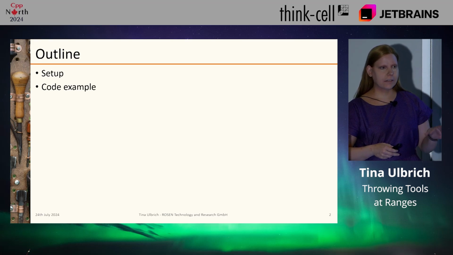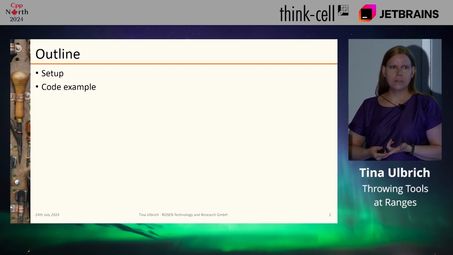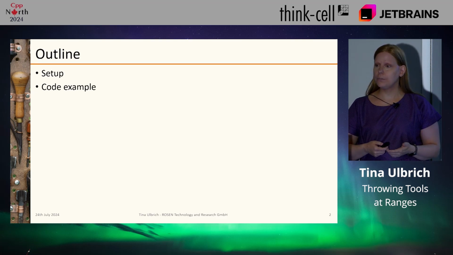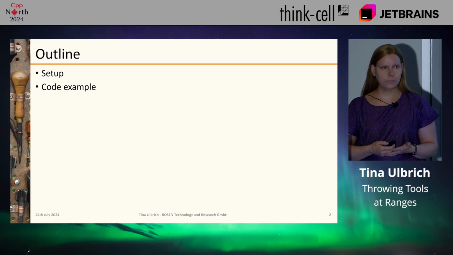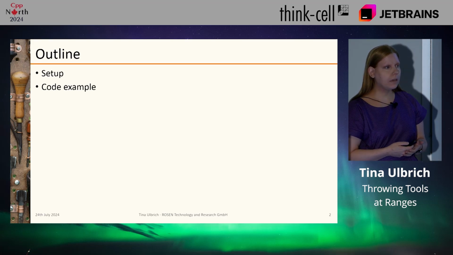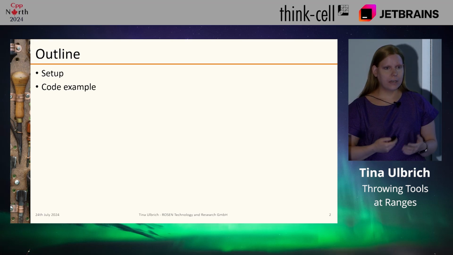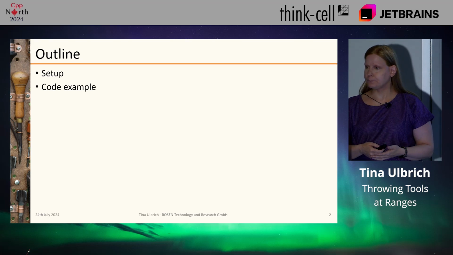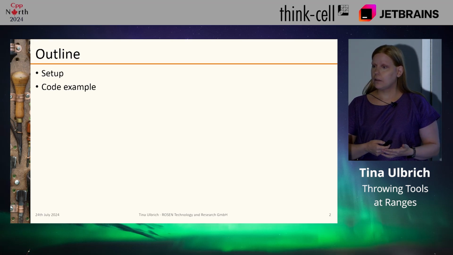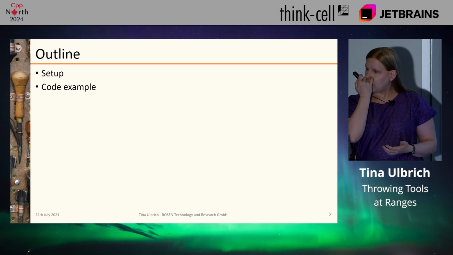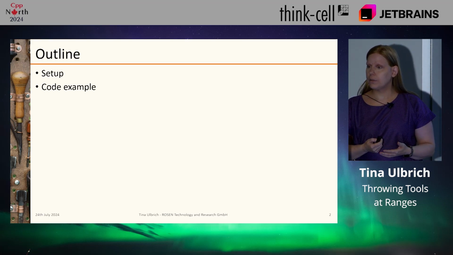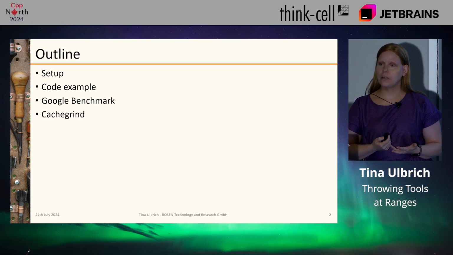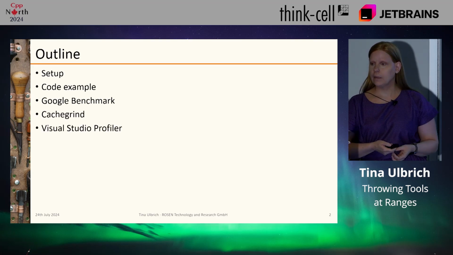So I wrote the exact same code in what I call C-style C++, which does not use any standard library, C++17, which uses the algorithms, and C++23, where we use mainly ranges and range adapters. They all do the exact same thing, and I'm going to analyze these code examples with different tools: Google Benchmark, Cachegrind, and the Visual Studio Profiler.